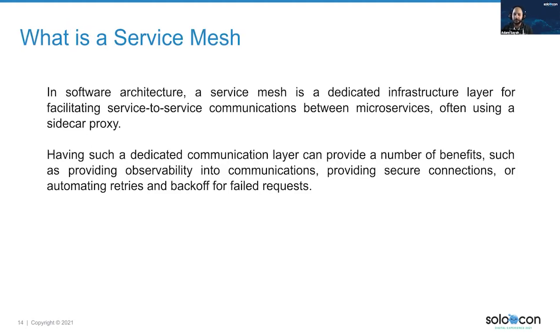Now, how a service mesh will solve the issues we talked about with the microservice architecture is basically adding a sidecar, a component with every single service, and that component will deal with all the cross-cutting concerns like security, network issues, tracing, and all that. So every single service will be responsible only for implementing the logic of the service, and won't have to deal with all the cross-cutting concerns.